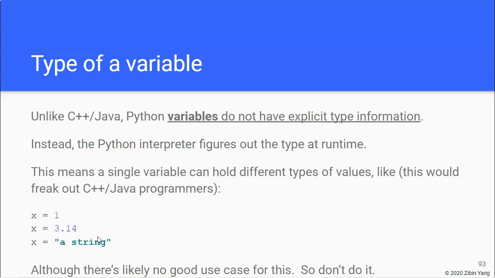But in Python, this is possible. Now, while it is possible, usually there is really no good use case to change the type of a variable in the course of execution. So most of the time, I would say don't do it unless you really have a very good reason.